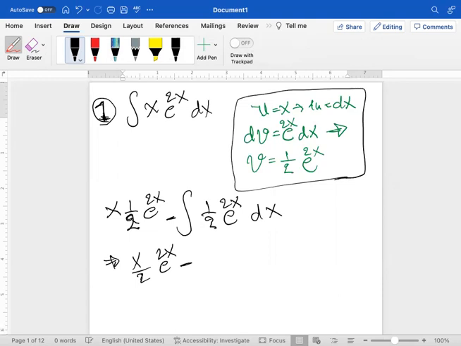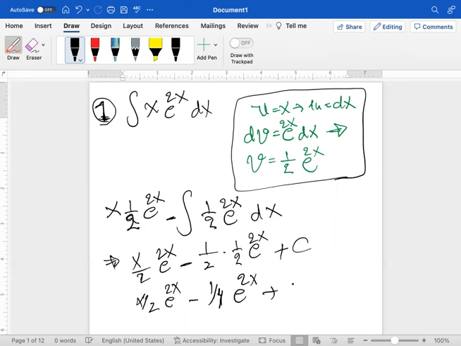The integral of 1/2 e to the 2x dx would be simply 1/2 times 1/2 e to the 2x, and you add the constant. Then let's simplify this a little bit more. It's going to be x over 2 e to the 2x minus 1/4 e to the 2x plus c. So that's the final answer.